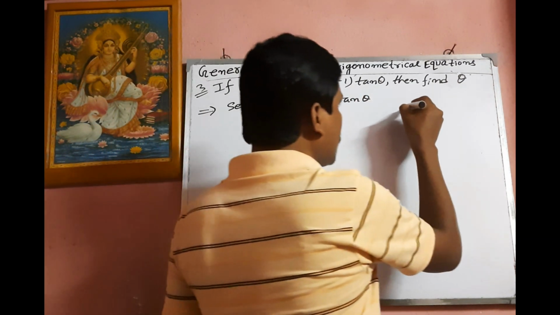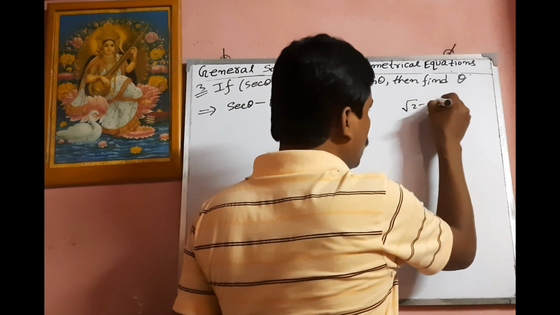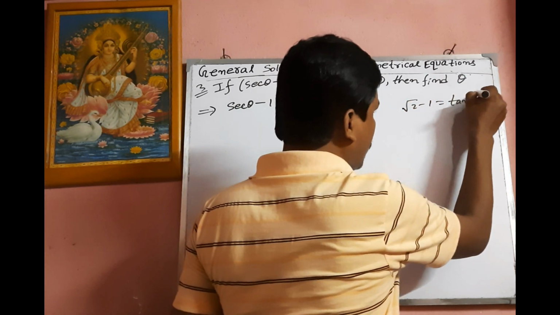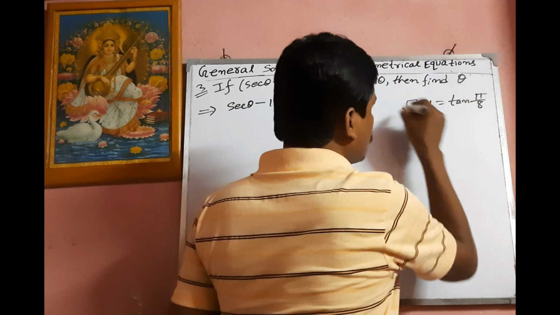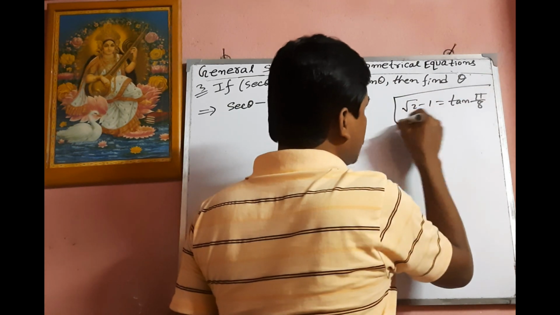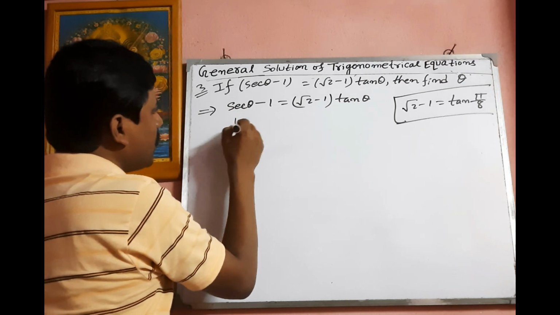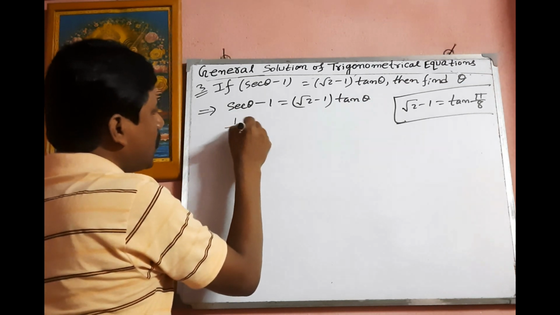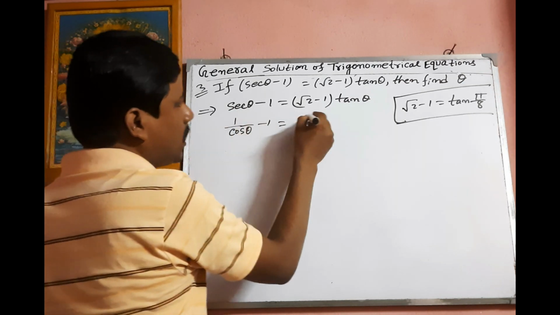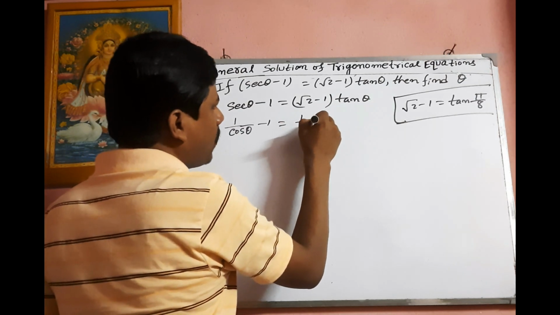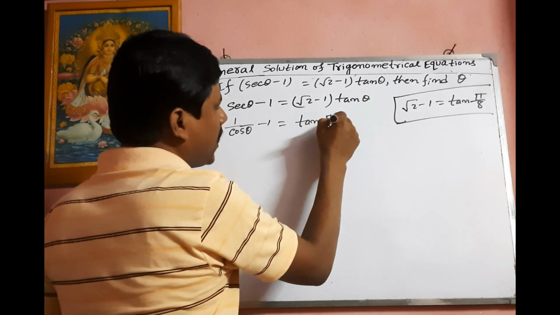Now we know that root 2 minus 1 is equal to tan of pi by 8. So we are using this here. Sec means 1 by cos theta minus 1, and here we are using tan of pi by 8 and tan of theta.